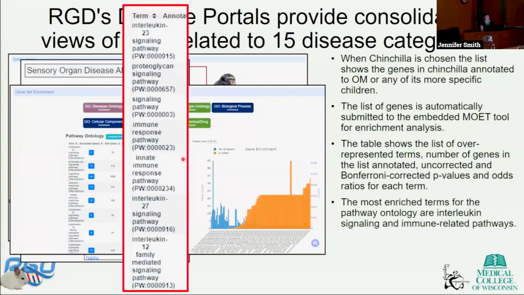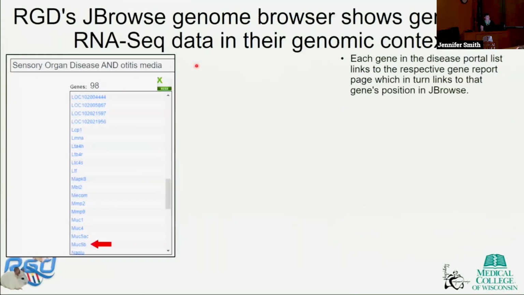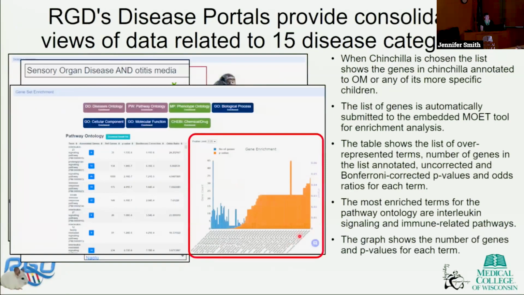Not surprisingly, the most enriched terms for the pathway ontology for that list of Otitis Media genes are terms related to interleukin signaling and immune pathways. And the graph shows the number of genes in blue and the p-value for each term in orange.